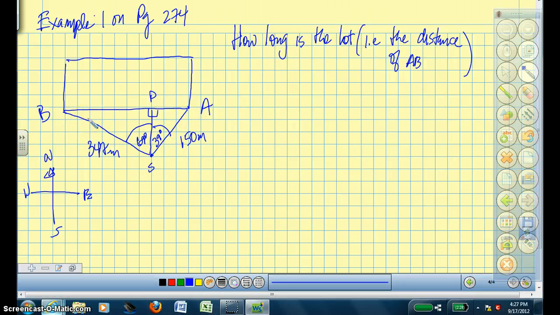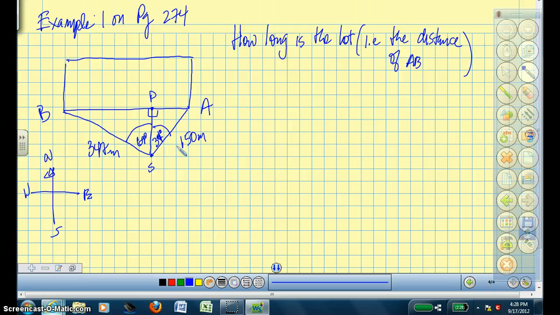The survey marks a reference point P, so here's reference point P, on the line AB, so that the line from Q to S is perpendicular to AB, and that's how I'm able to draw in the 90-degree symbol there. Corner A is 150 meters away from S and 34 degrees east of P, so this should be 34 degrees. 34 degrees east of P.